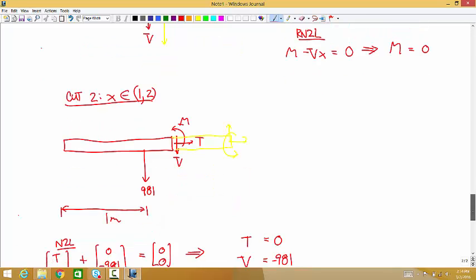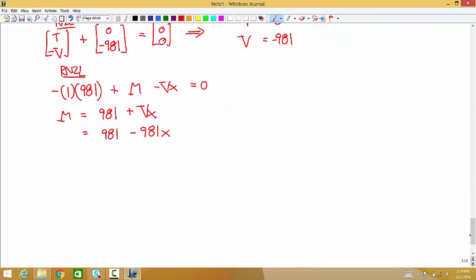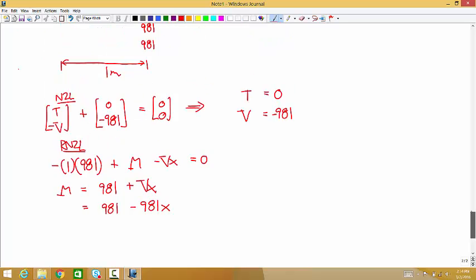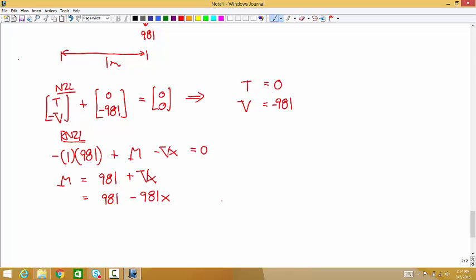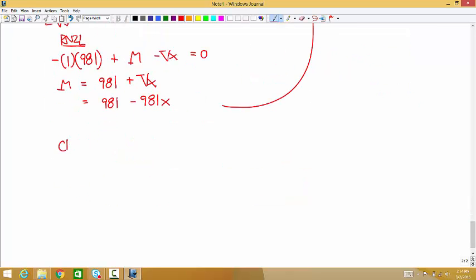Okay, so this is wrong because we represented the distributed load as a point force before we chose the body to isolate.